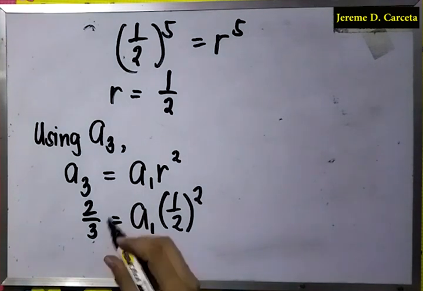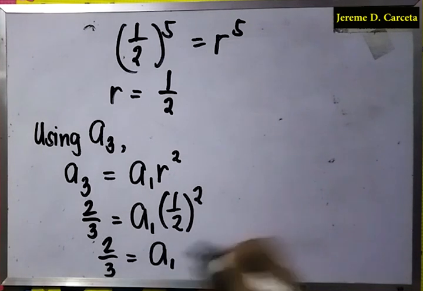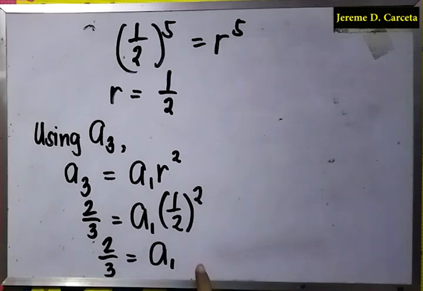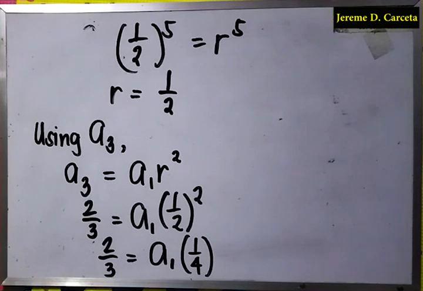So in this case, we will have 2/3 is equal to a sub 1. Then 1 half squared becomes 1 times 1 is 1, 2 times 2 is 1/4. So we have to eliminate 1/4 beside a sub 1 to get the value of a sub 1. So in doing that, we need to apply multiplication property of equality, or MPE.